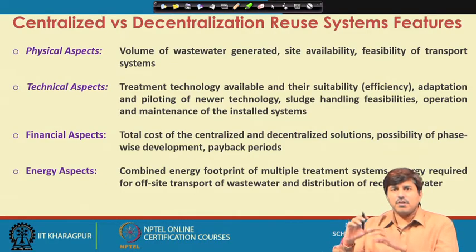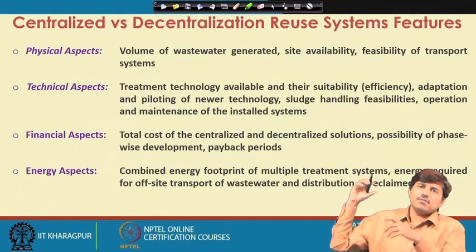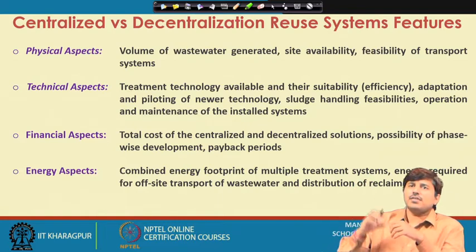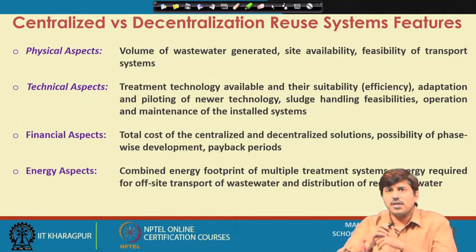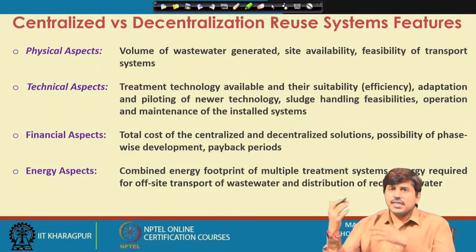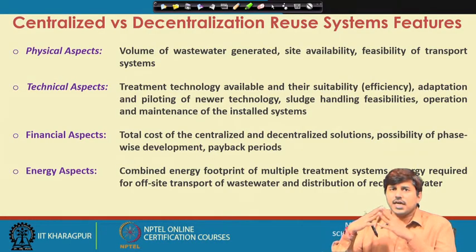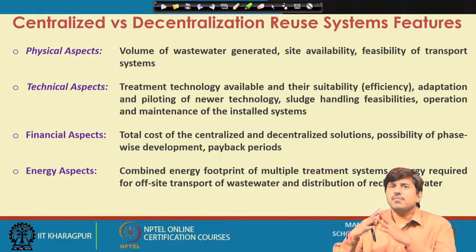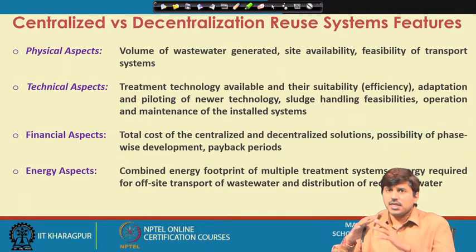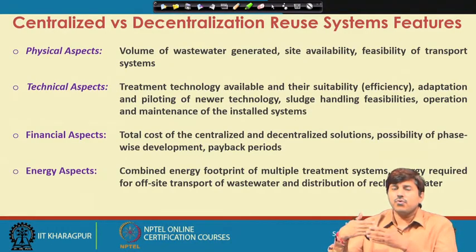But if you are going to split it, say having 1000 plants of 1 MLD or 100 plants of 10 MLD instead of one of 1000 MLD, how much manpower is needed for handling those 100 or 1000 units, and whether they are skilled or not. So, operation and maintenance becomes a tricky task, particularly in a smaller system. It might actually be easy technologically, but the requirement of manpower increases many folds.